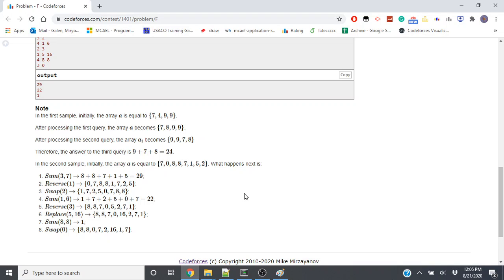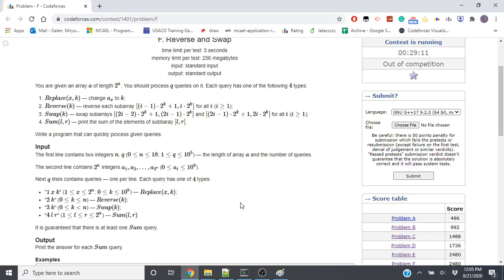Okay, let's just look at what happens here. Swap is such a weird operation. So it's 2i minus 2. So it's like 0, 1, 1, 2. Then we move i, and then it's 2, 3, 3, 4. Then we move i again.